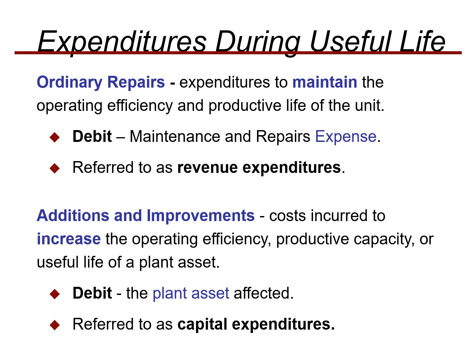Another topic is that because you are using your asset, it has to be repaired and maintained. So we have to make ordinary repairs, and ordinary repairs are expenditures to maintain the operating efficiency and productive life of the unit.